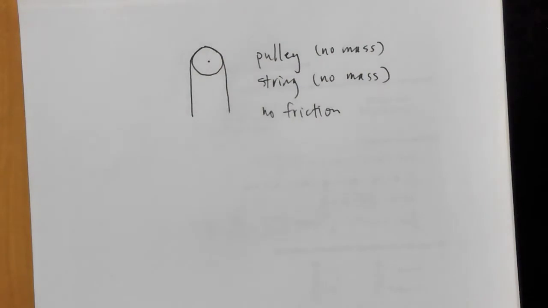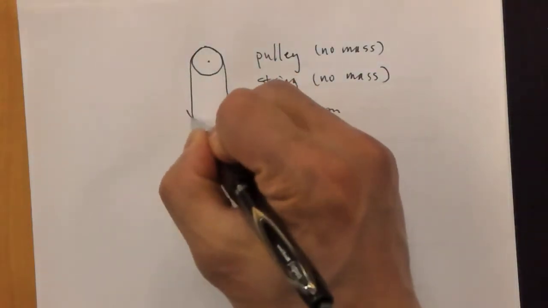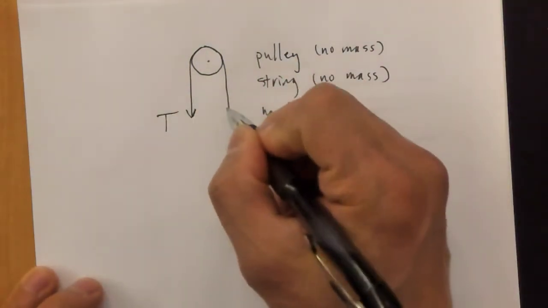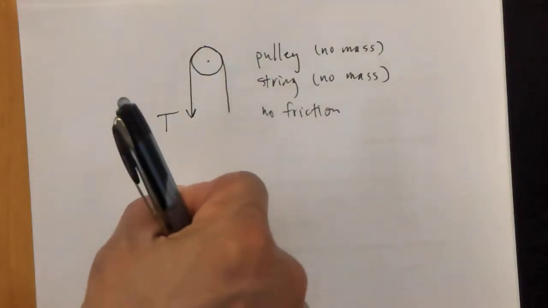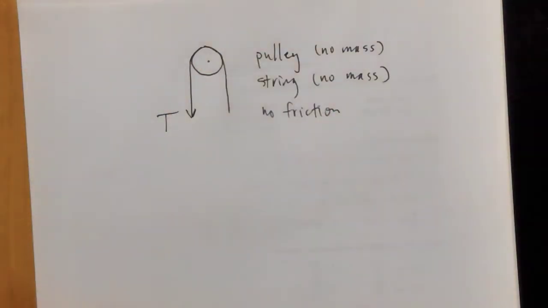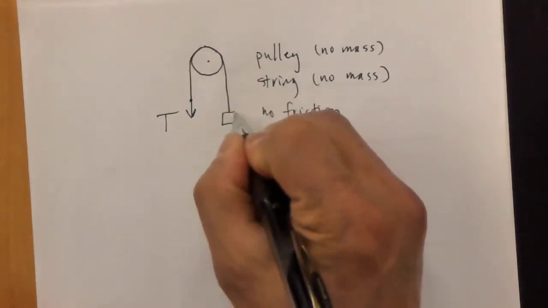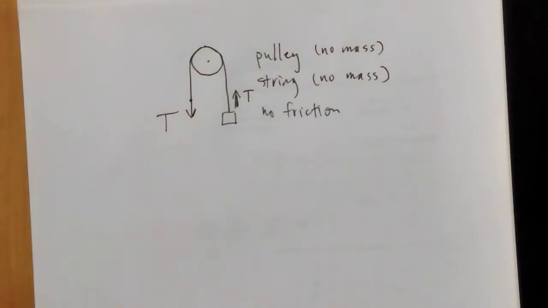Okay? So because there's no friction and this pulley is able to rotate, if you pull on one side of the pulley with a tension T, and there's a mass here, then the string will pull up with the same tension. The pulley essentially reroutes the force.